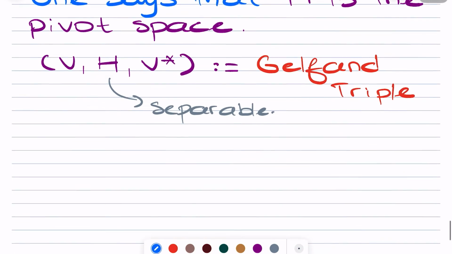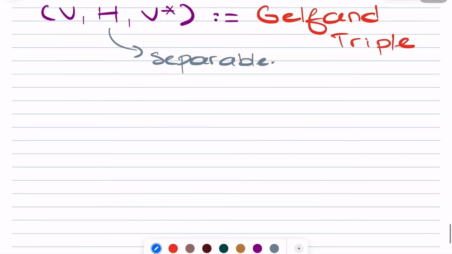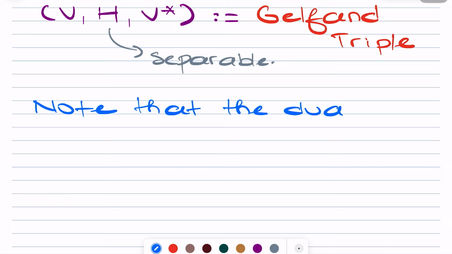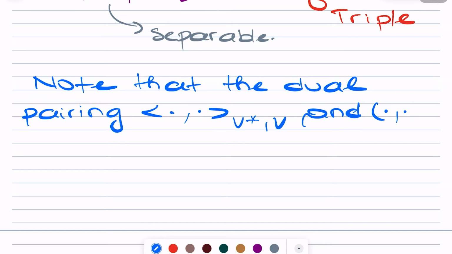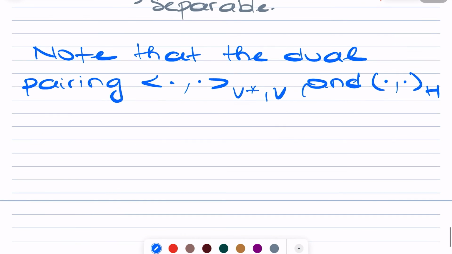Now note that the dual pairing between V star and V and the scalar product in H coincide whenever both make sense.